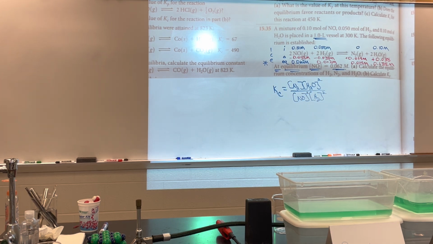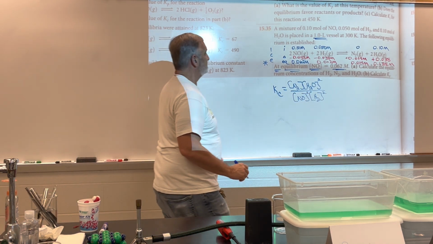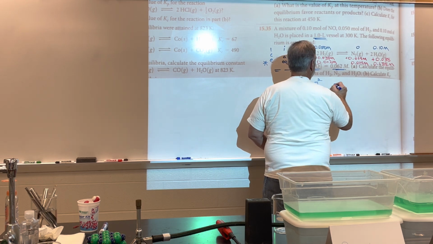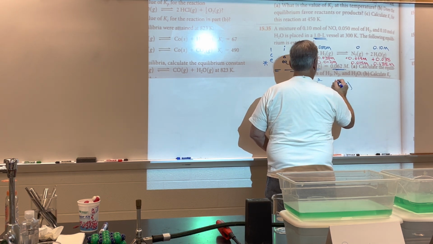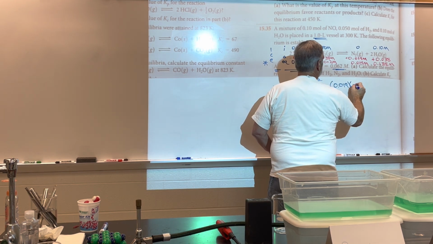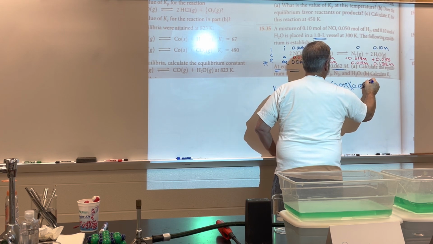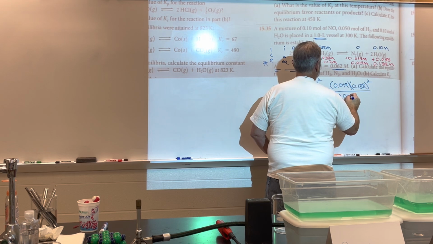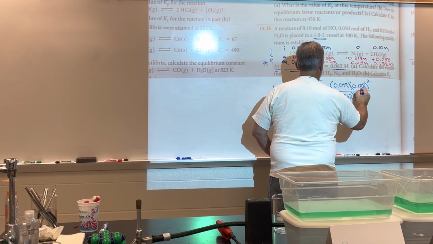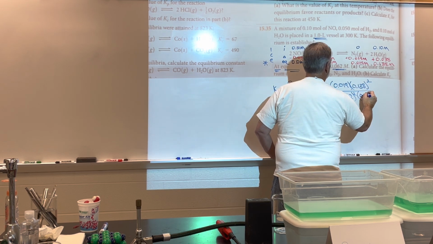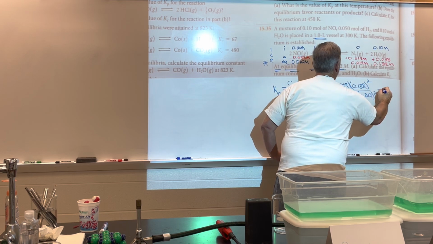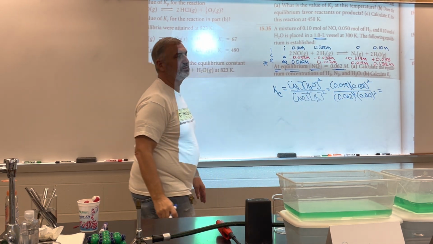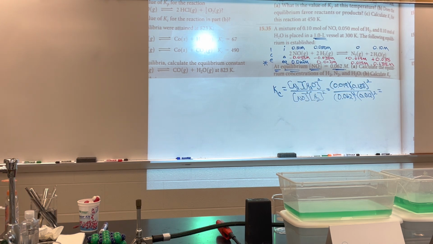So N2 is equal to 0.019 times 0.138 squared divided by 0.062 squared times 0.012 squared. Somebody give me an answer super fast. Come on. We got 1 minute.